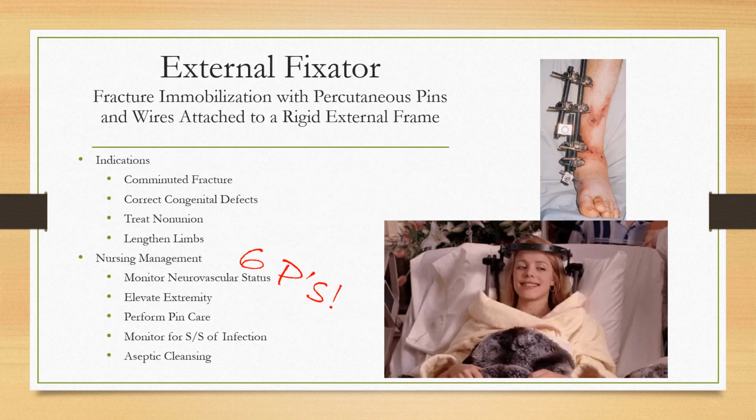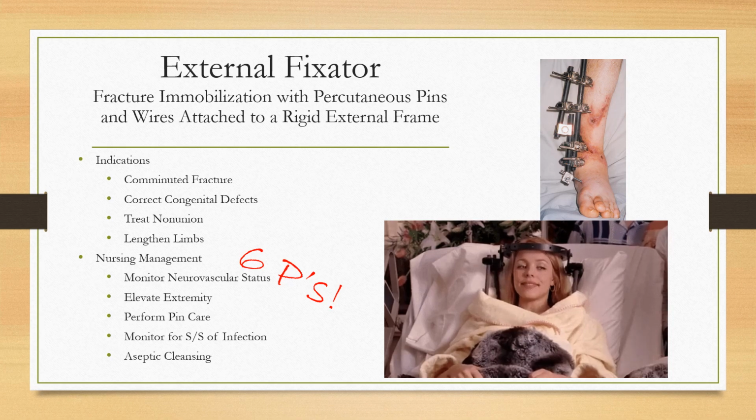Okay, so here's external fixation. So you can see there's a lot of hardware to an external fixator, right? So there's pins or wires that have gone into the bone, and then there's this external fixation device that can be adjusted that the patient now has to carry around with them, or just have until the bone heals, right?